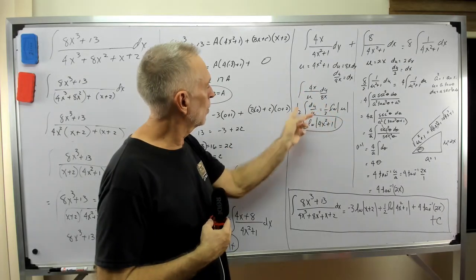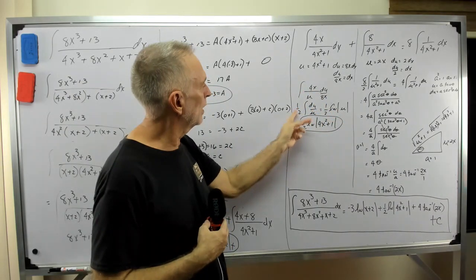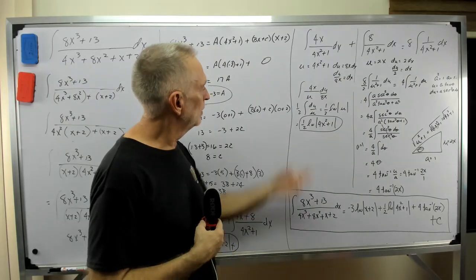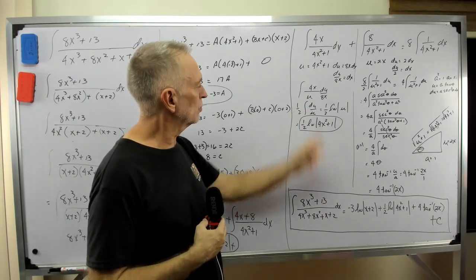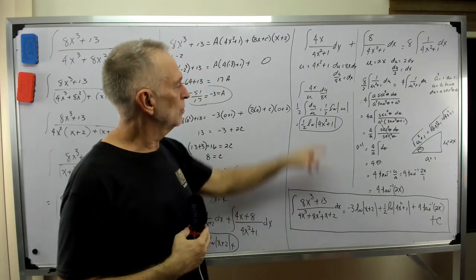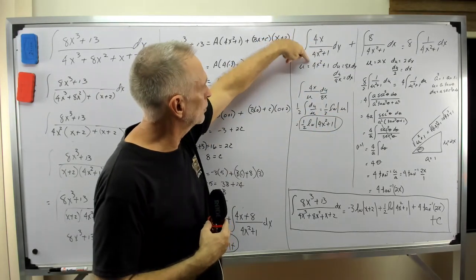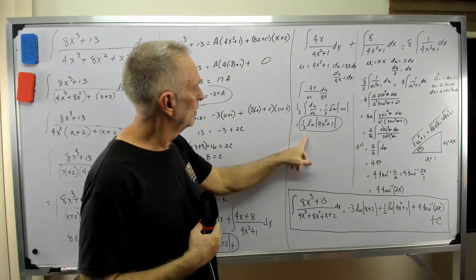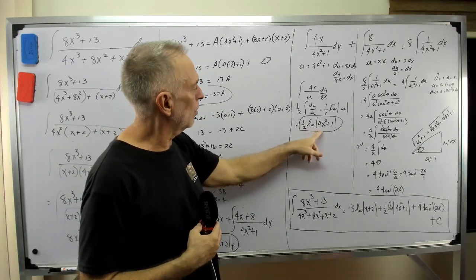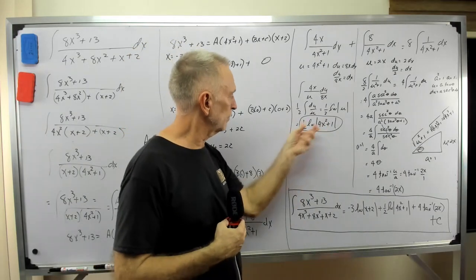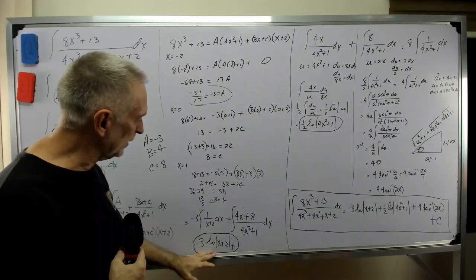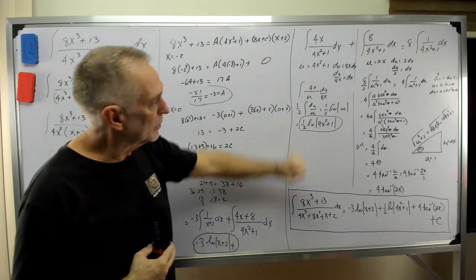The 4 over 8 is 1/2, and the x's cancel. So now I have 1/2 the integral of du over u, which is 1/2 the natural log of u, and u in this case was 4x squared plus 1. So I have 1/2 natural log of 4x squared plus 1. So I've circled it. So now I have two pieces of this equation.